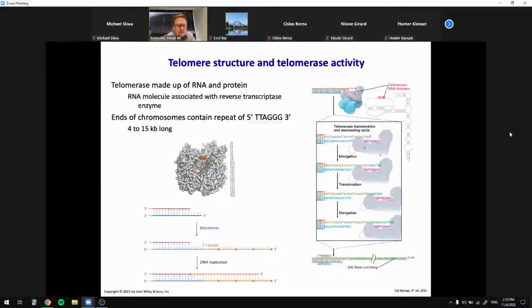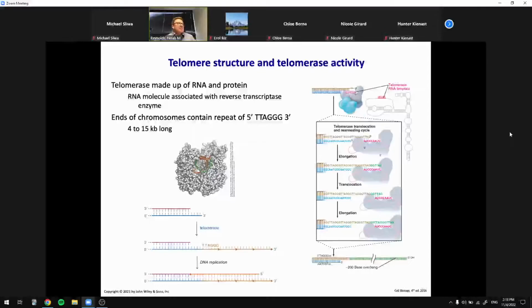And because it's a bunch of repetitive sequences, it wouldn't actually matter that the next round maybe is a little bit shorter, because all you're doing is missing one little bit of this repetitive sequence. This way, we would not be getting into genes. We would just be not replicating one of these repeats at the end of the chromosome.